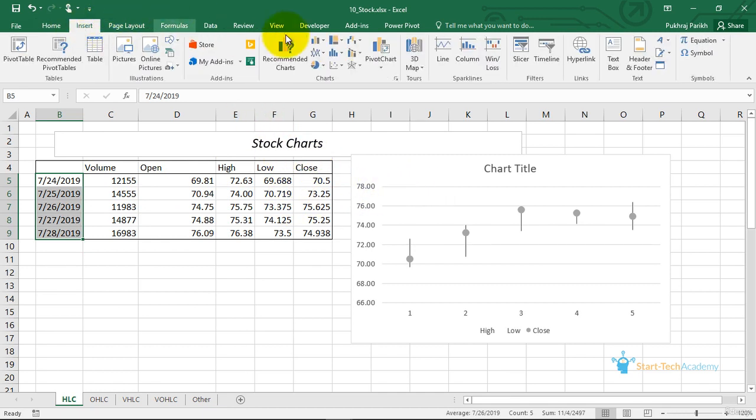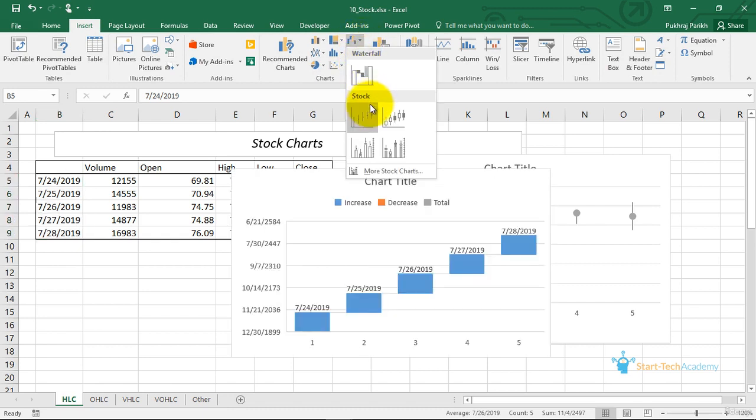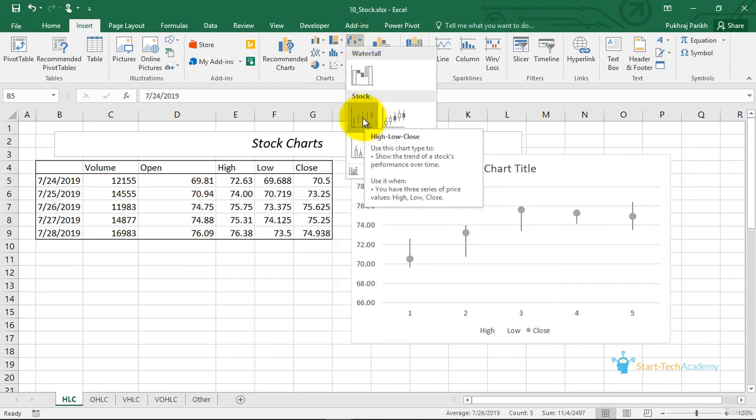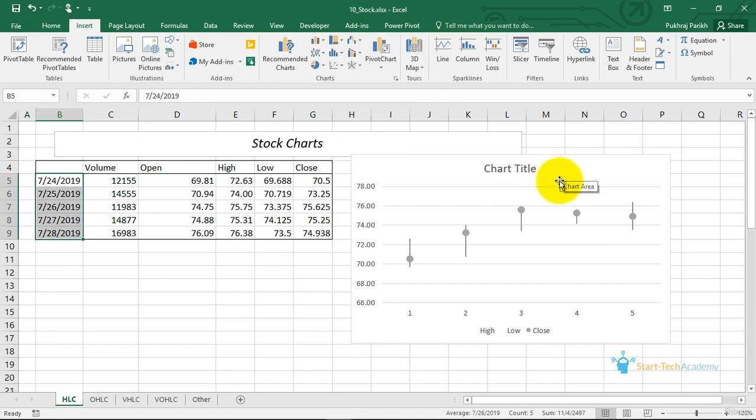If you go to the insert menu and you look into the stock chart options, there are 4 charts. The first one is the high low close chart. This is what we have drawn here. As you can see in this chart, there are 3 things for each data point: the high, low and close value.